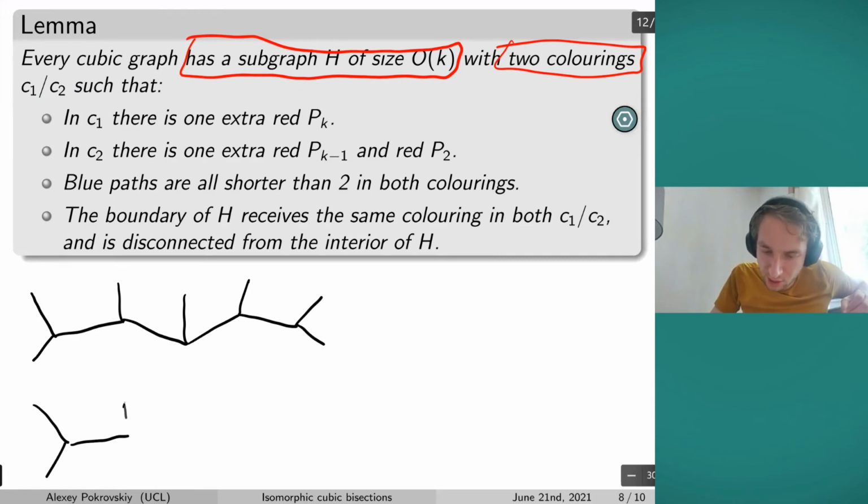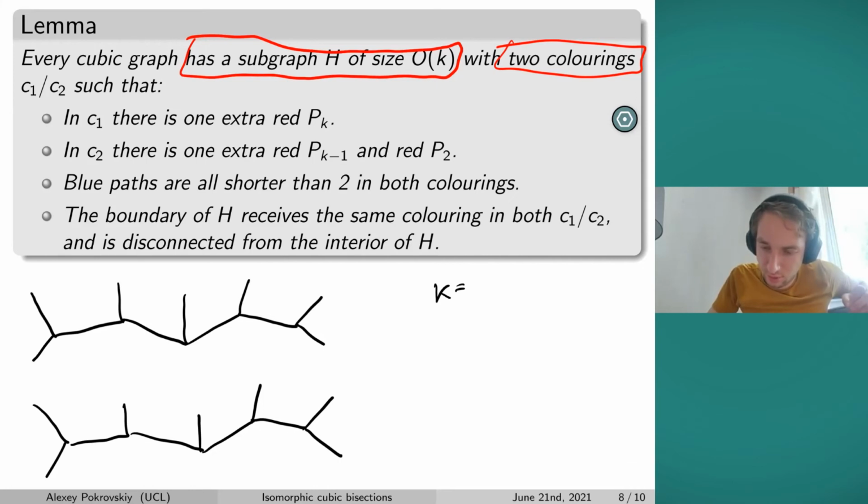So I'll give you an example of a graph which has these properties. So this will be for k equal to 1, 2, 3. Basically, there'll be 2 colorings of this graph, and the number of red P3s will change between the 2 colorings.